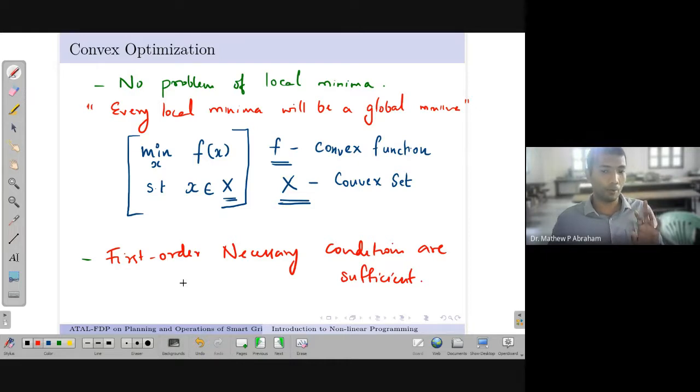That means if you have an unconstrained convex optimization problem, you take the gradient with respect to the decision variable and equate it to 0. Whatever you get as the solution will be the solution of the convex optimization problem. You don't need to check the second derivative. That is the power of convex optimization problems.